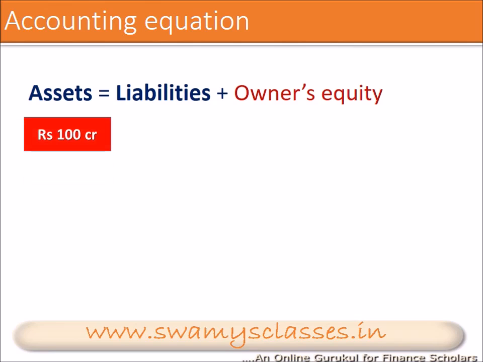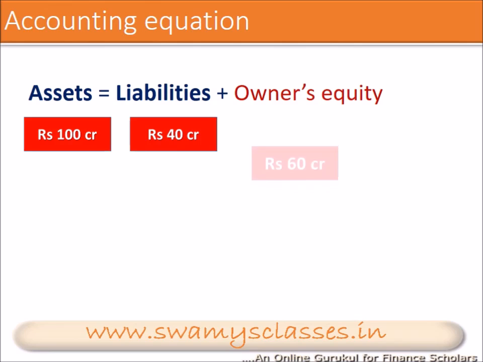Assume a business has got 100 crores worth of assets. So when a business claims it has 100 crores worth of assets, a person like me will get a question first of all in our mind, from where this business got 100 crores worth of money to acquire 100 crores worth of assets. Probably they would have borrowed 40 crores from outside, say from a bank or from a financial institution.